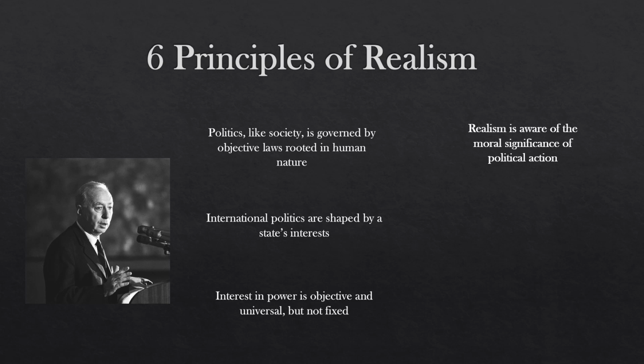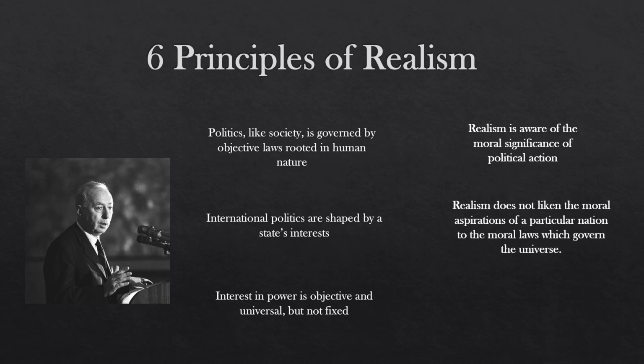In other words, if a friendly country is being attacked, as much as we may want to help, it may be unrealistic to believe that we can do so without unacceptable risks. Realism does not liken the moral aspirations of a particular nation to the moral laws which govern the universe. So, if one country invades another on the basis of God's will, realists don't identify this as a justifiable cause of war.